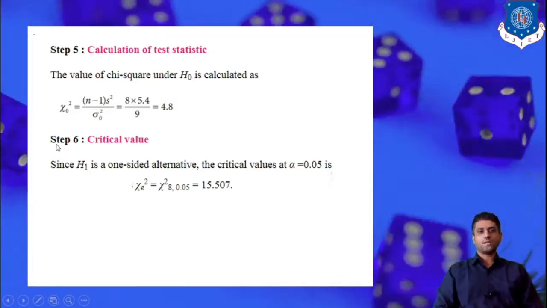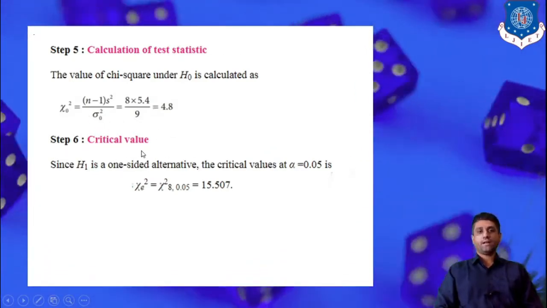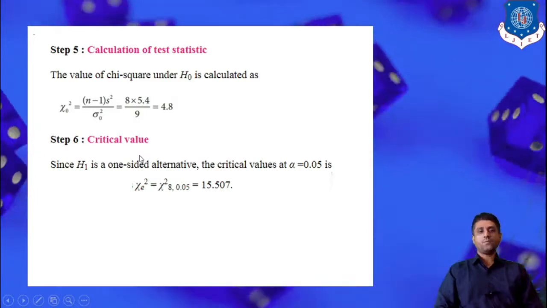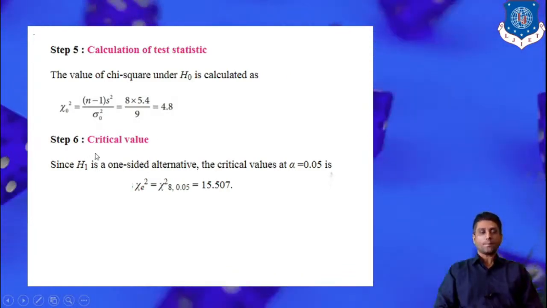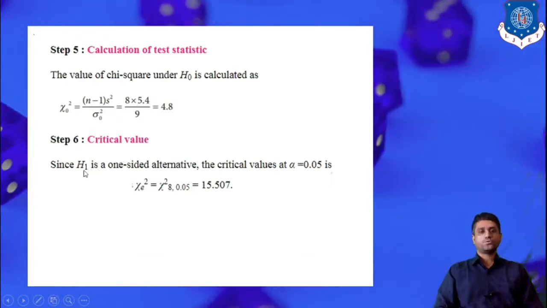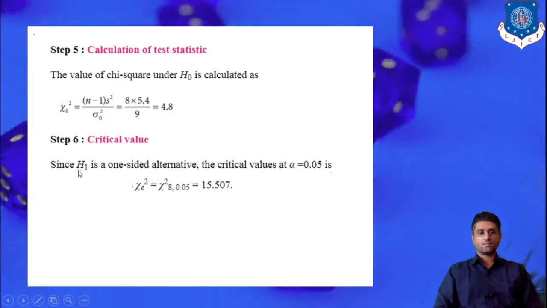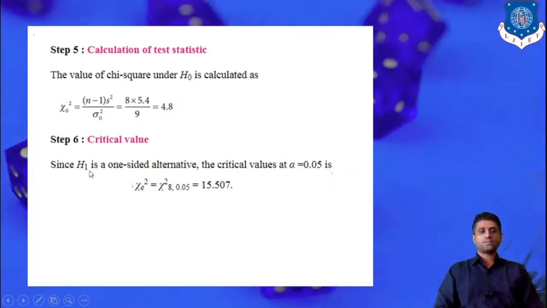Now step number 6: compare this observed value with the critical, that is the tabulated, chi-square value. To find the critical value, we have to see whether it is a two-sided or one-sided test.